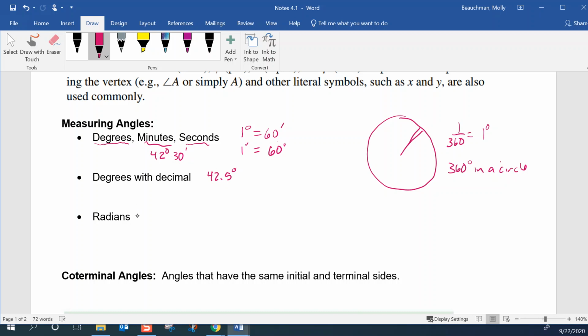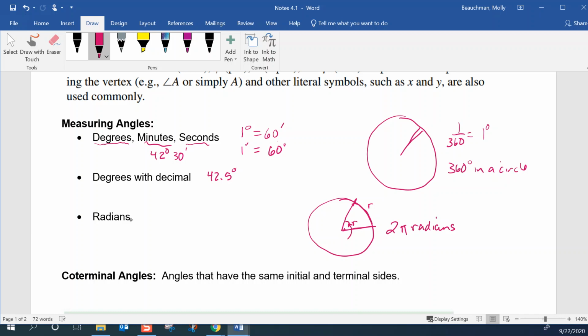The definition of a radian: if you have a circle with radius r, take this straight line measurement and measure along the arc. 1 radian is the angle cut by an arc that's the same length as your radius. So a full circle has 2 pi radians.